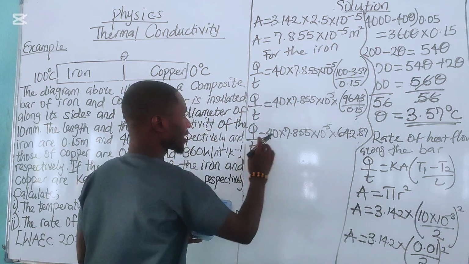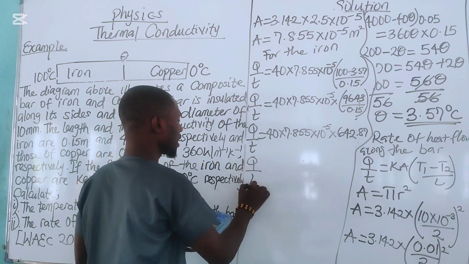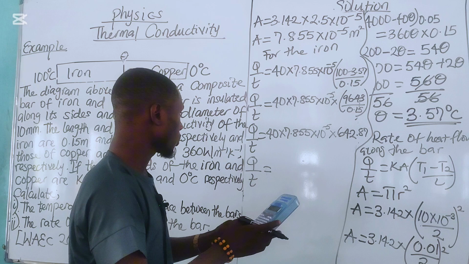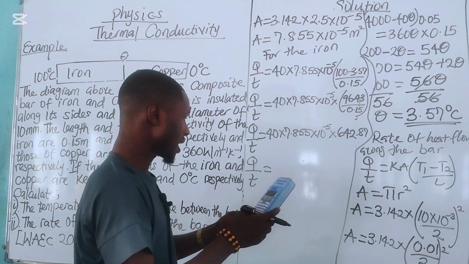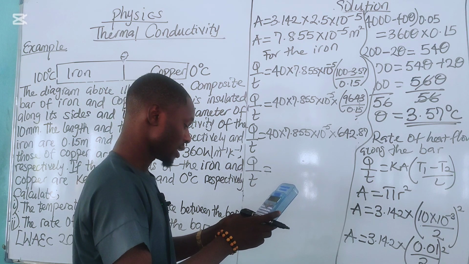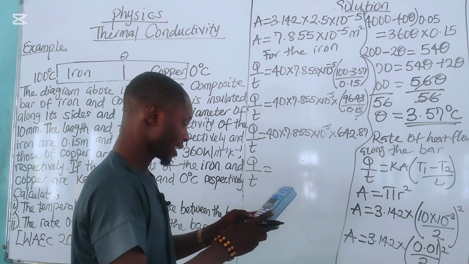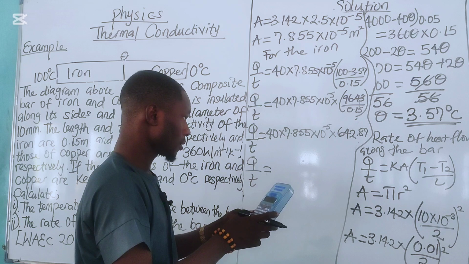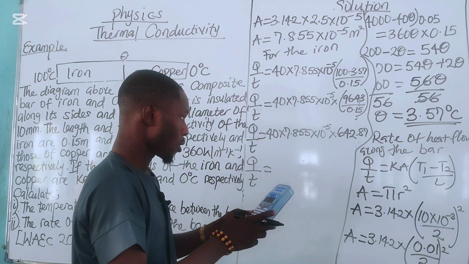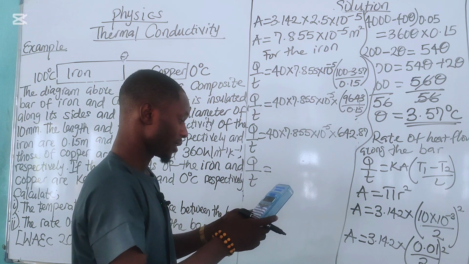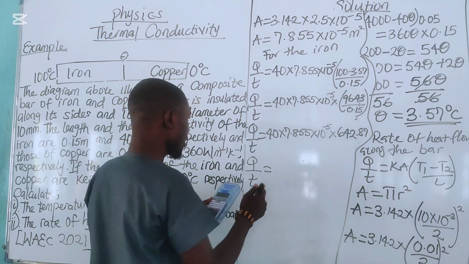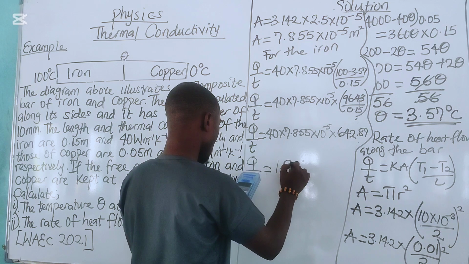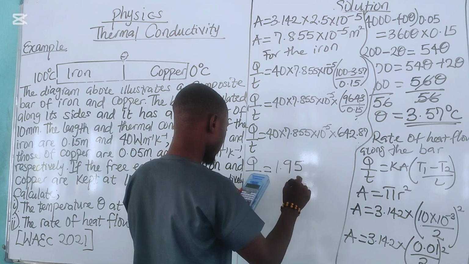Now let's multiply everything together to obtain the rate. We have 40 times 7.855 times 10 power minus 5 times 642.87, which is 1.95.